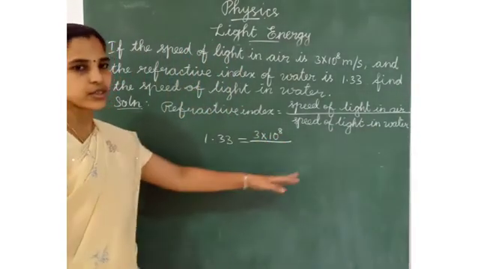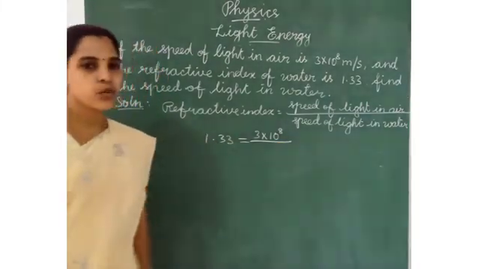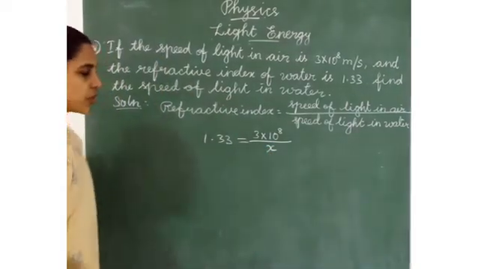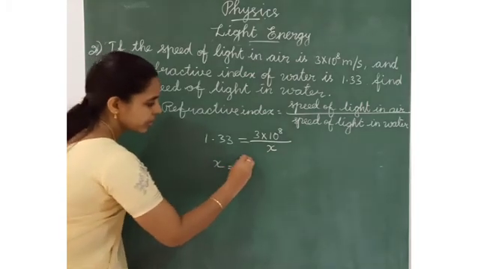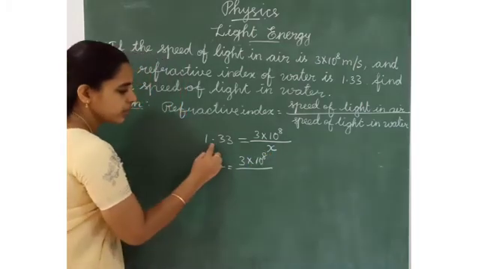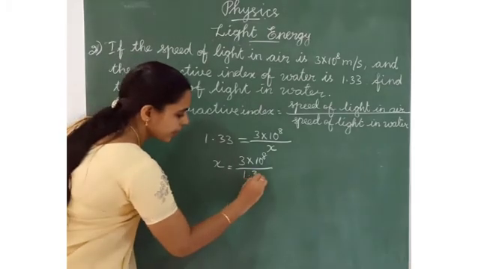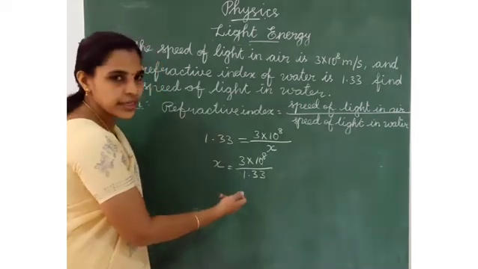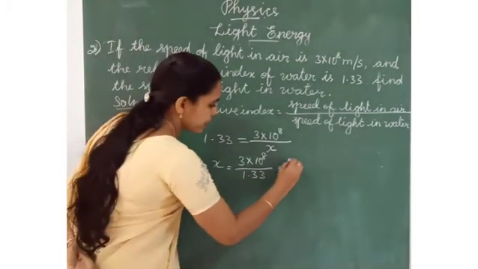We should find it, so we take the speed of light in water as x. Then x equals 3 into 10 power 8 divided by the refractive index, 1.33. Here we cannot divide these numbers because of the decimal, so we should change the number.